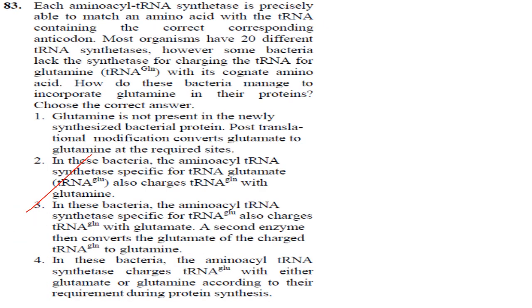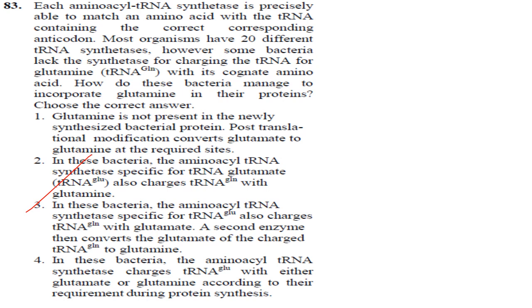Then next one. Each amino acyl tRNA synthetase is precisely able to match an amino acid with the tRNA containing the correct corresponding anticodon. Most organisms have 20 different tRNA synthetases. However, some bacteria lack the synthetase for charging the tRNA for glutamine with its cognate amino acid.